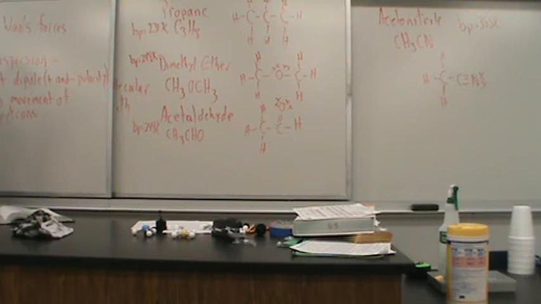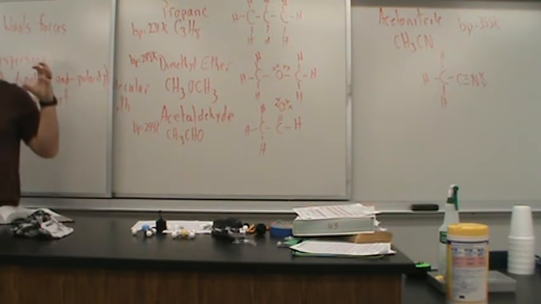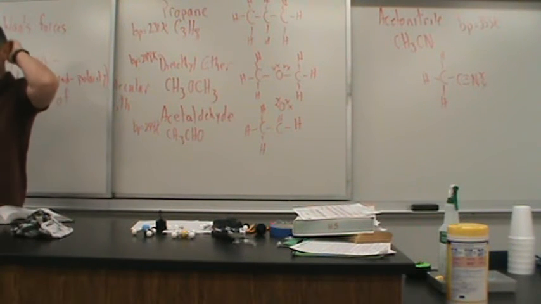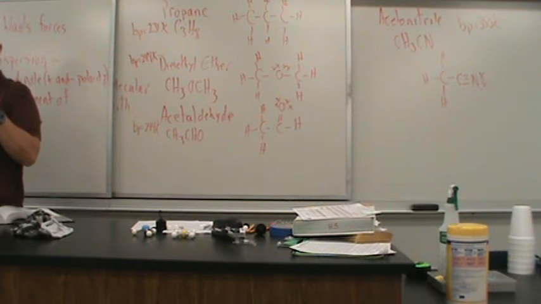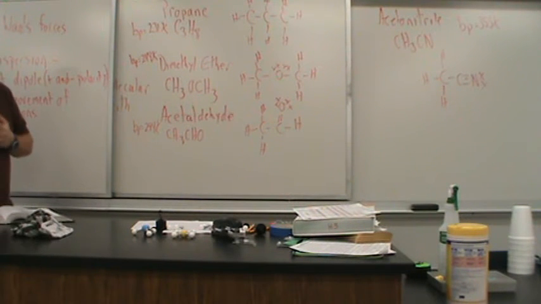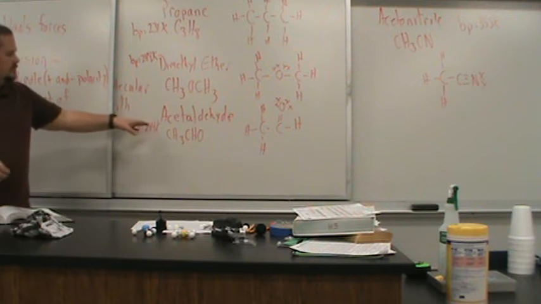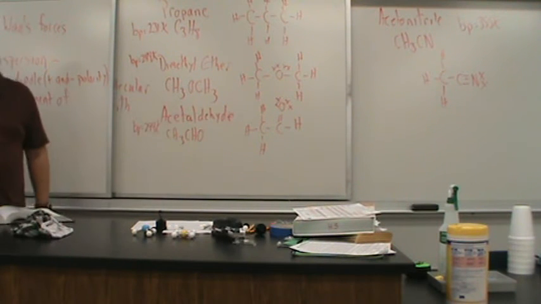The reason for that is, since we have a lot of intermolecular forces, the molecules are trying to be attracted to one another. They do not want to escape. Okay? Now, why do you think acetonitrile is so much higher than acetaldehyde or dimethyl ether?